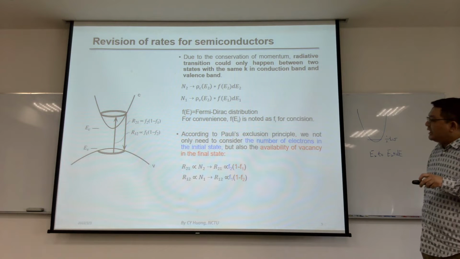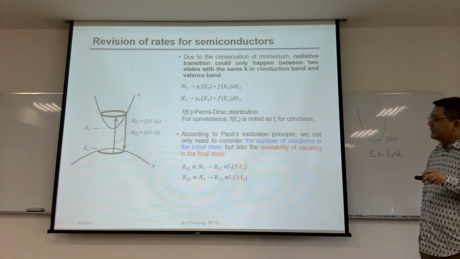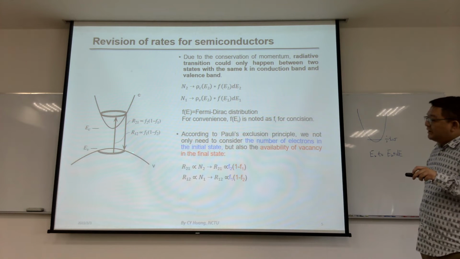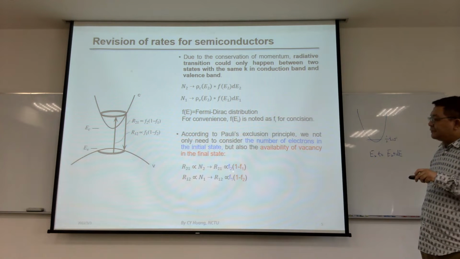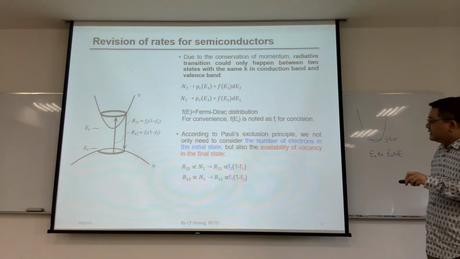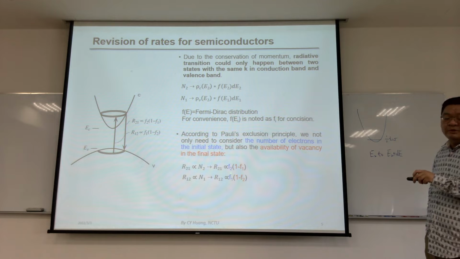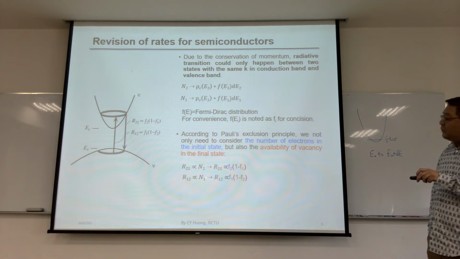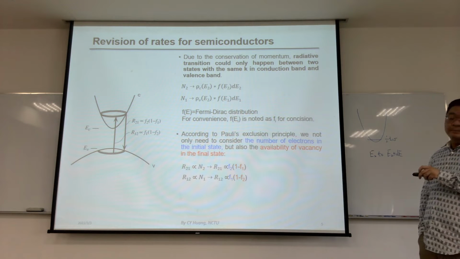So for R12, from low to high, the lower level must have some electrons, and the high level must be vacant. So it will be proportional to F1 times (1 minus F2).